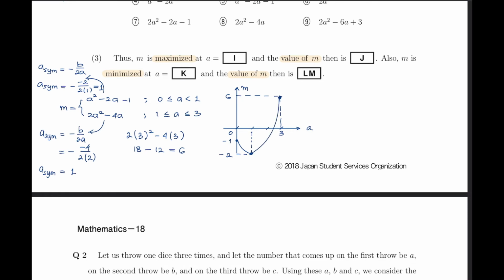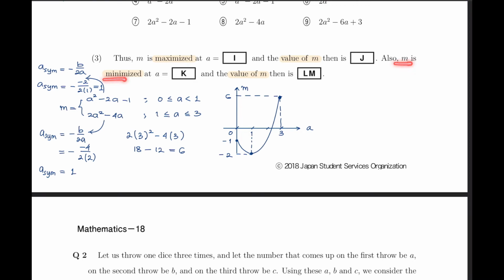So the graph should be something like this. This is the graph of this piecewise function. And from this graph, it is pretty clear that the minimum value is when a equals 1.